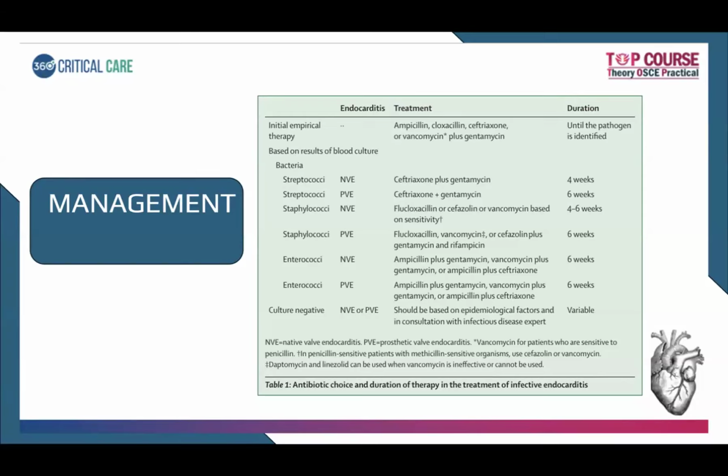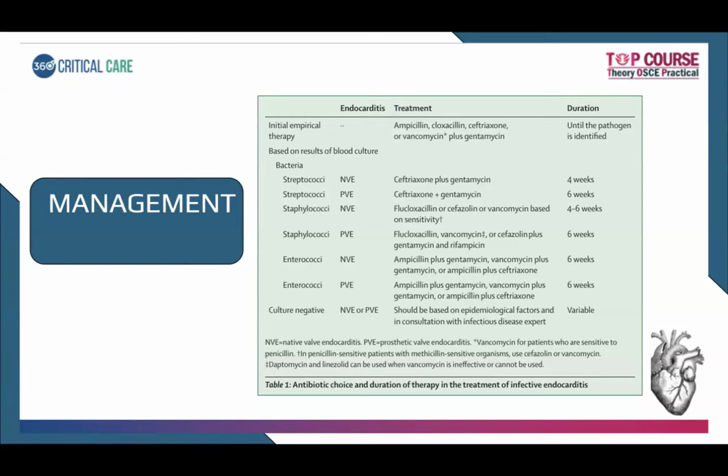Whereas in a staphylococcal infection, you have to use the staphylococcal antibiotics like flucloxacillin, oxacillin. The flucloxacillin based regimen you can use, or cefazolin based, vancomycin based regimen also can be used, but it should be continued for 4 to 6 weeks.